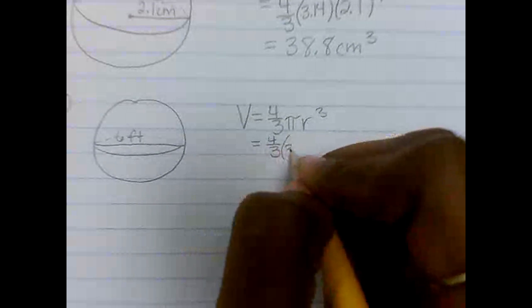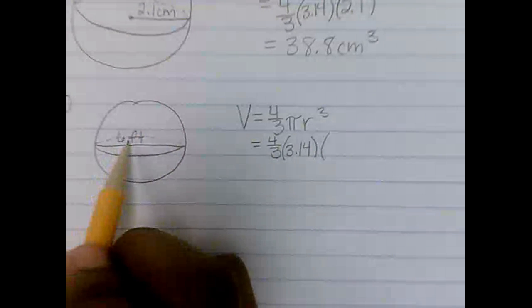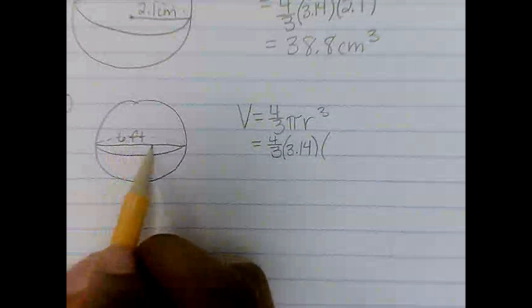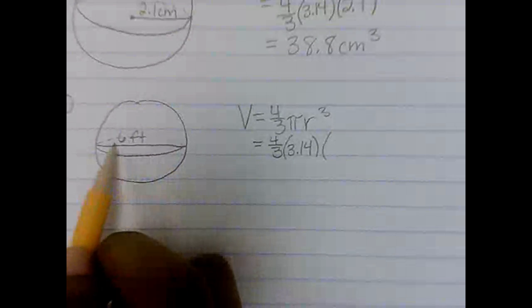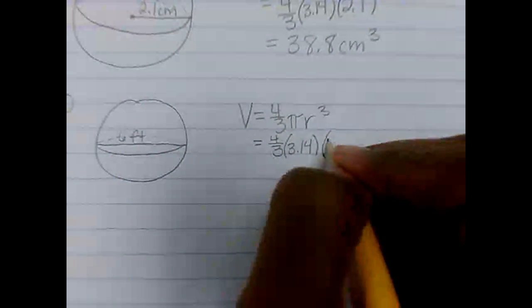Four-thirds. Pi is 3.14 and radius. Now notice this is not the radius. This is the diameter. Radius is half of that. So what's half of this? 3 is half of 6. Cube it.